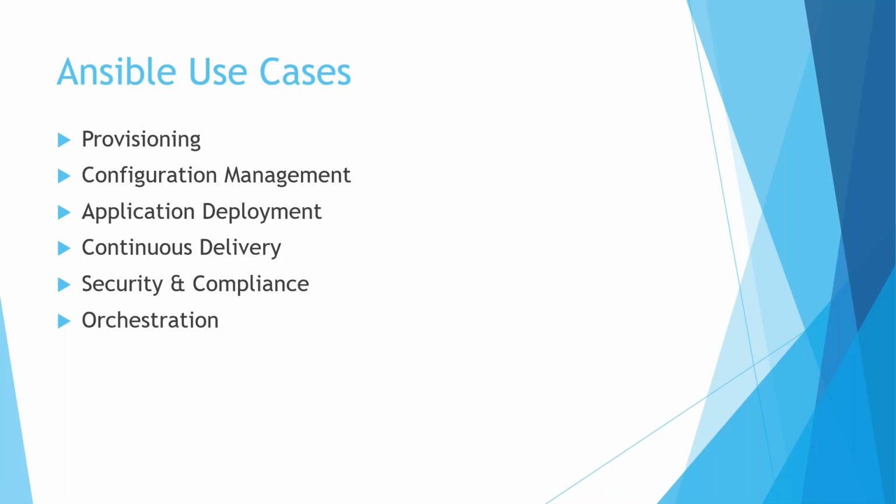And then following on from that, Ansible does orchestration, because we can not only create scripts to document and cover our configuration, we can actually go out and deploy it.